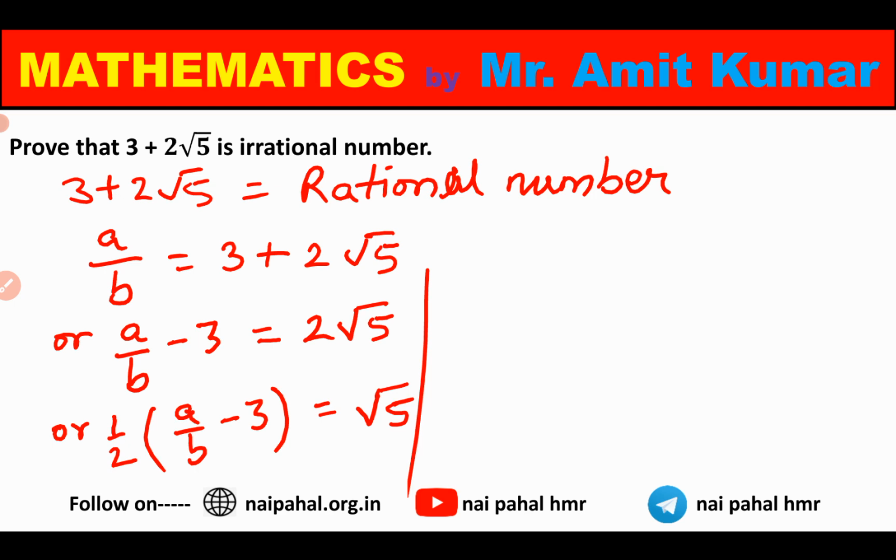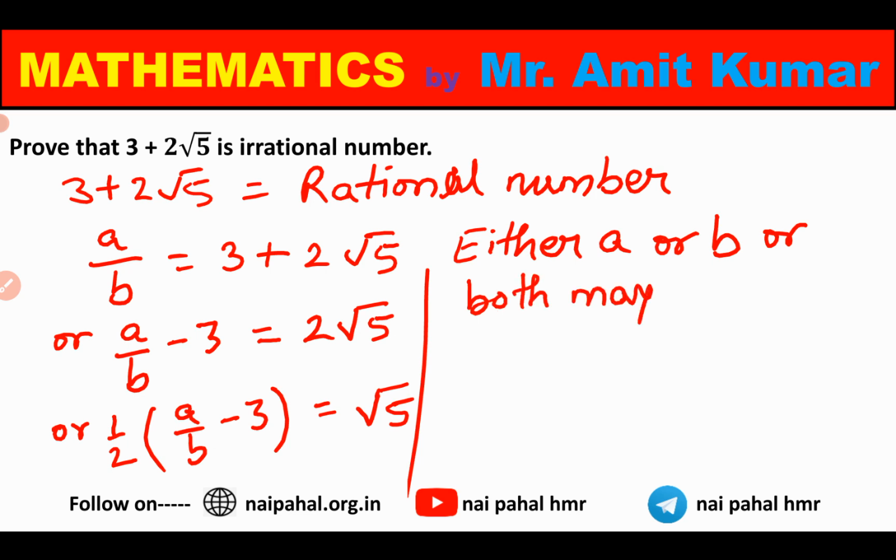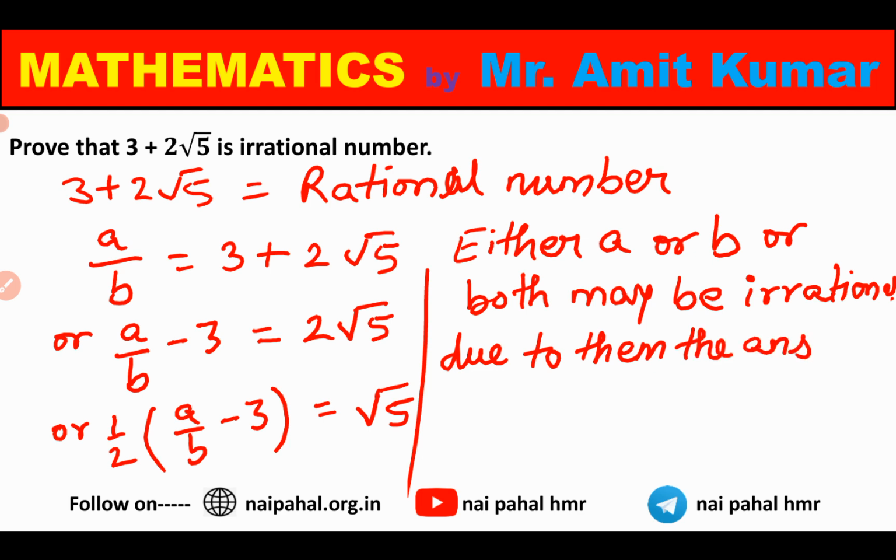As in the previous question, either a or b or both may be irrational. Due to them, the answer will be irrational.